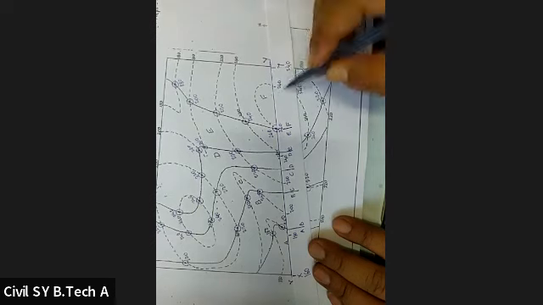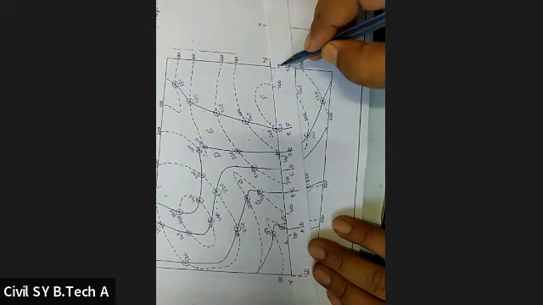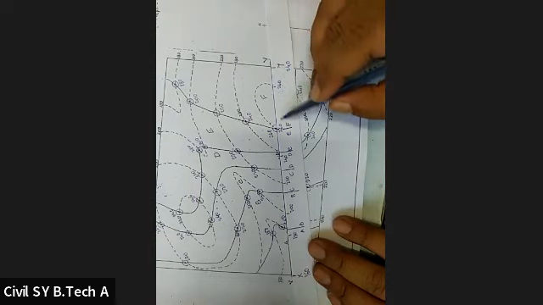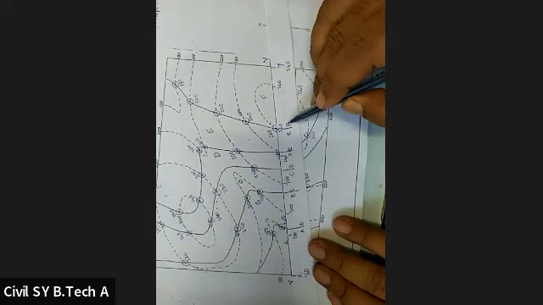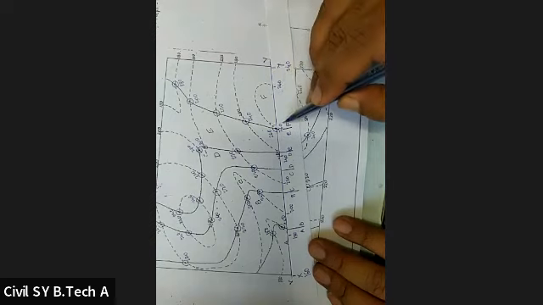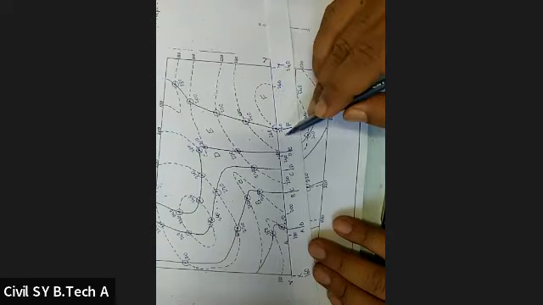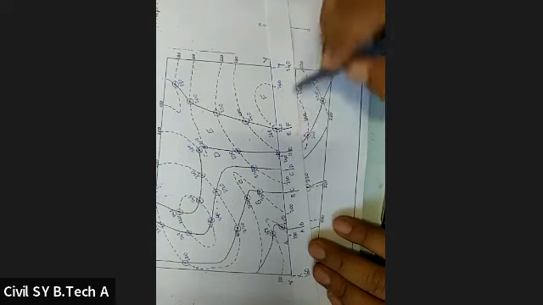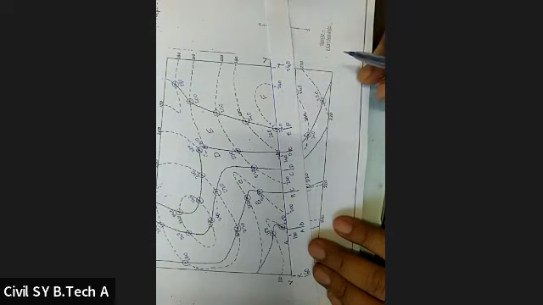Because the adjacent two elevations are the same, that's why I have taken this elevation the same as the third place elevation, because the first and second are the same elevation. That's why this elevation and this elevation will be the same. That's why I have taken the elevation of the y point as 240 meters.